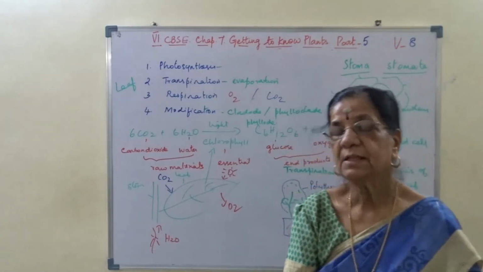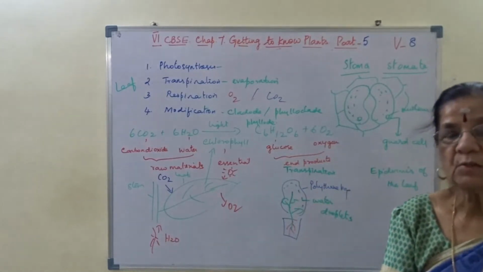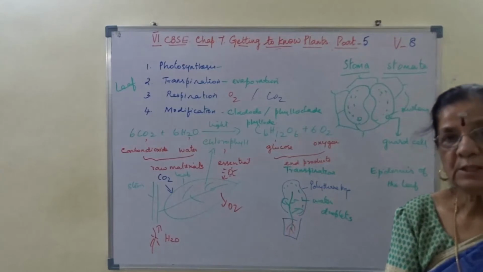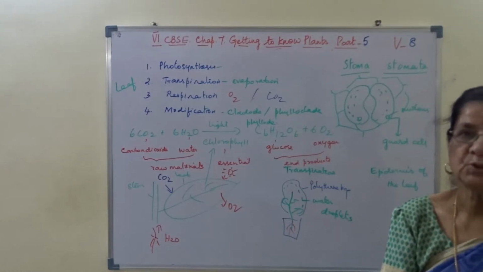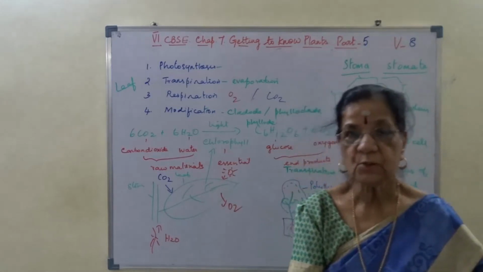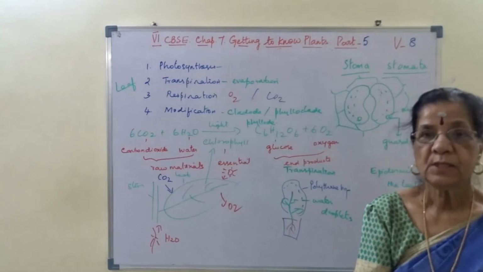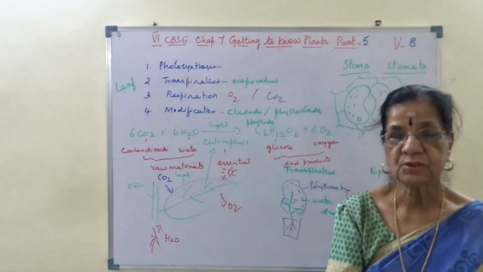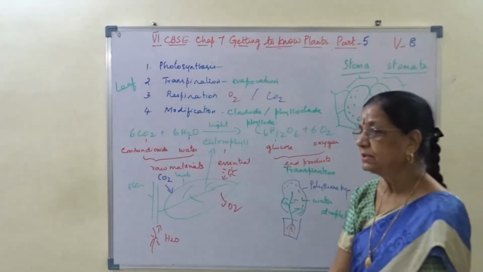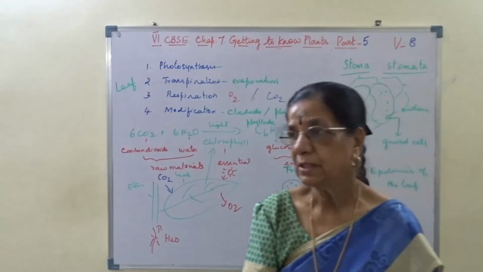What do you understand? Cladode, the cylindrical stem doing the function of photosynthesis. Phylloclad, flattened stem doing the function of photosynthesis. Whereas phyllodes, when the petiole is doing the function of photosynthesis, leaves are much reduced, and the petiole is doing the function of photosynthesis, it is said to be phyllodes.